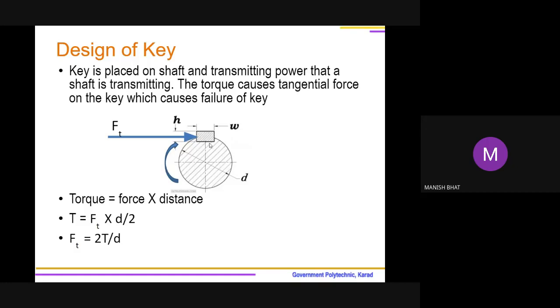So this is the tangential force acting on the key, and whenever we are going to decide failure of key, we will be considering this tangential force. The tangential force is not given; we are supposed to find it. From power, find torque. From torque, find tangential force, that is equal to twice torque upon diameter of the shaft. So Ft we know.